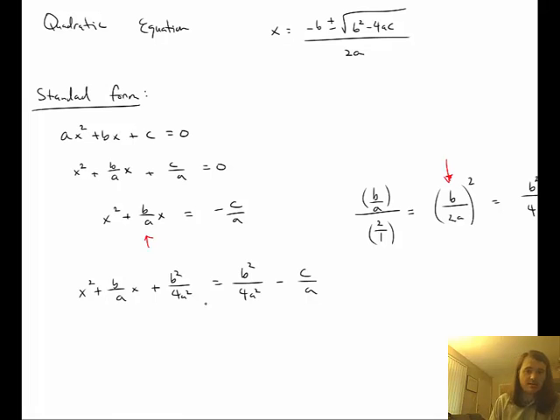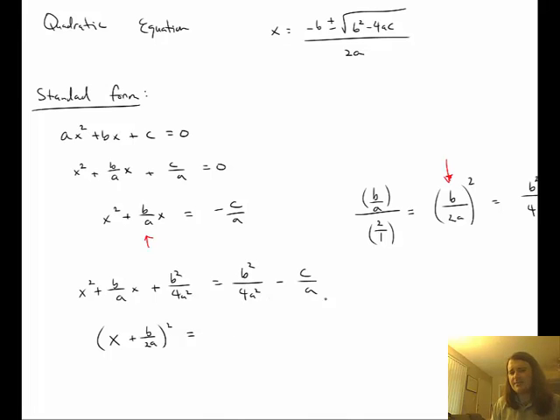What perfect square is that going to be? Well, it just so happens it's going to be x plus b over 2a. That's the term I made note of inside of there, hence why I made note of it. So the left side, you can think about it like origami. We just folded the left side over, and so it's a perfect square: x plus b over 2a, quantity squared. And then the right side of our equation is b squared over 4a squared.